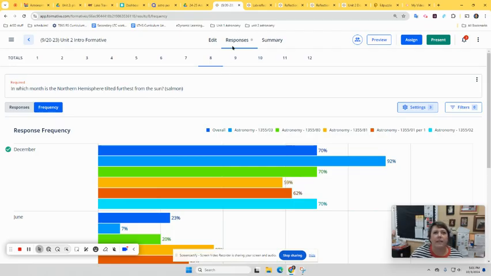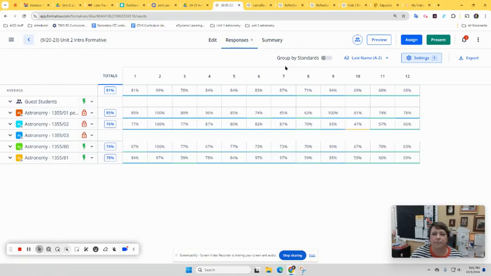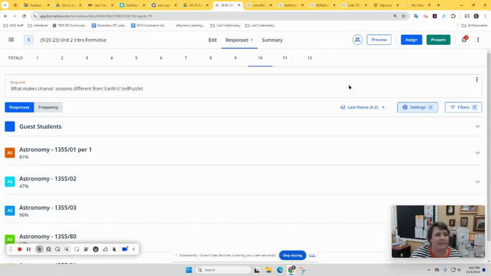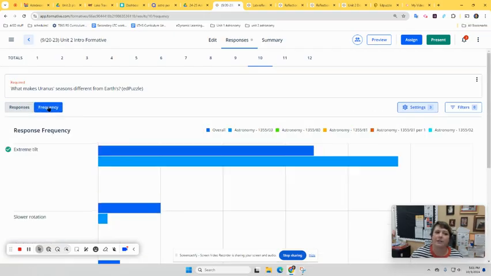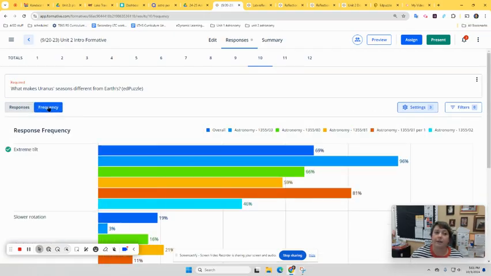Okay. Then let's see what else we got. Then we have number 10. What makes Uranus's seasons different from Earth's? This is from the Edpuzzle. A lot of us missed this because we didn't watch the Edpuzzle. Okay, so Earth is like this, right?